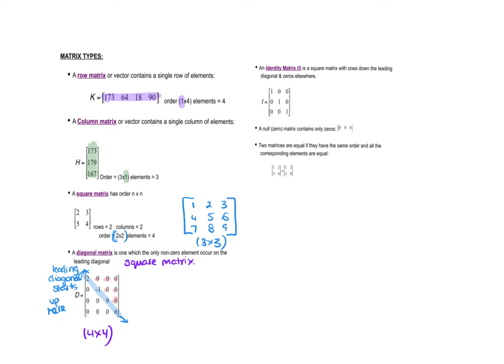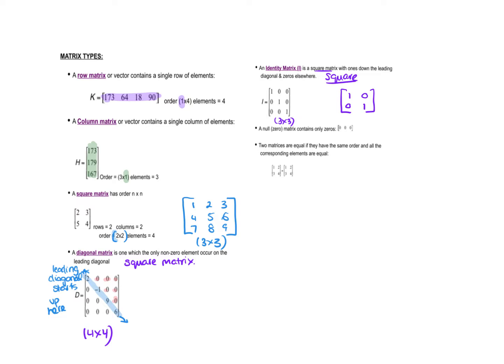If you have an identity matrix, this is another square matrix, and this one you can see is a 3 by 3. It doesn't have to be a 3 by 3, it just has to be square. So I could have a 1 by 1. If I draw a 1 by 1 identity matrix, you've got it there.